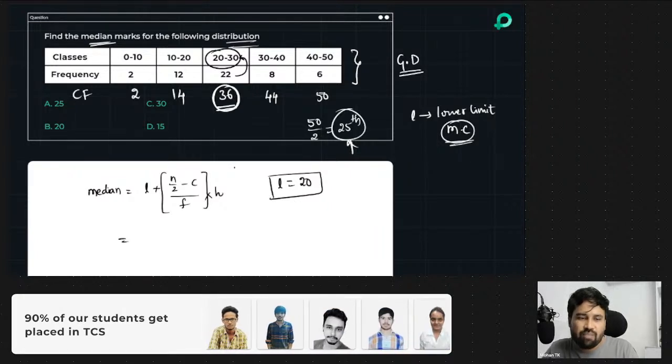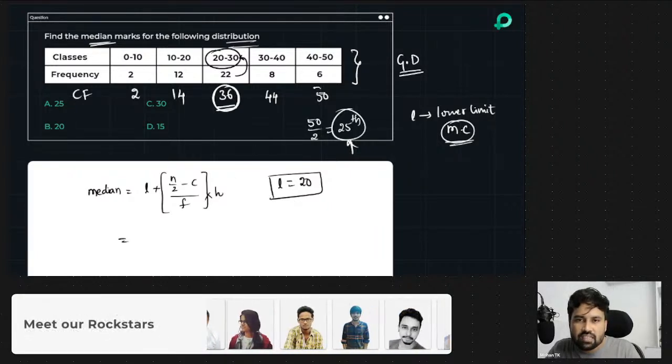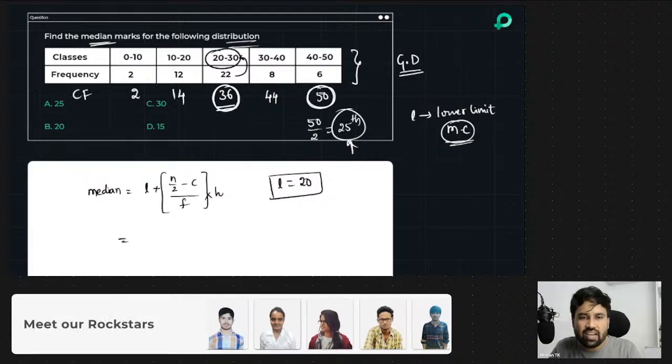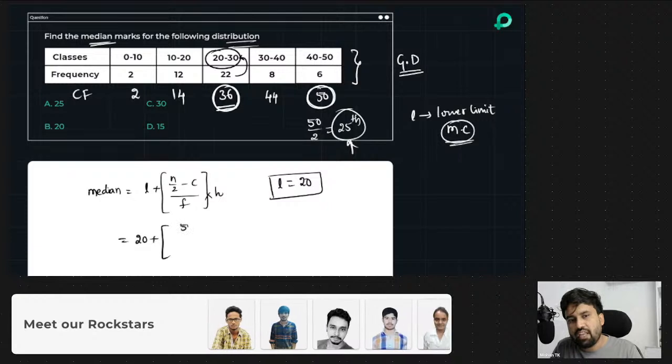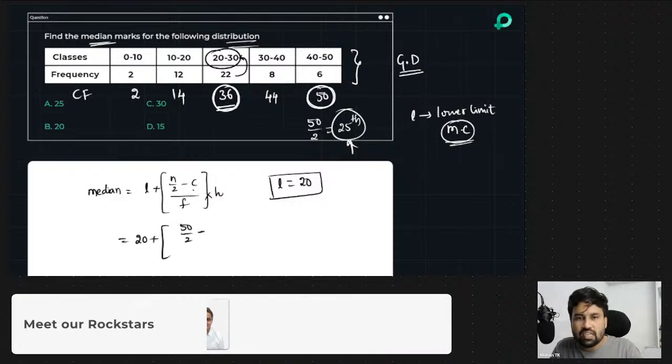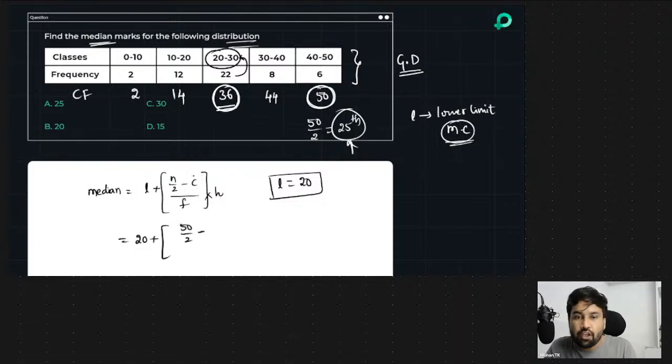What is n by 2? N by 2 is nothing but simply the sum of the frequencies divided by 2. N is the sum of the frequencies. So 20 plus 50 by 2 minus C, which is nothing but the cumulative frequency preceding the median class.